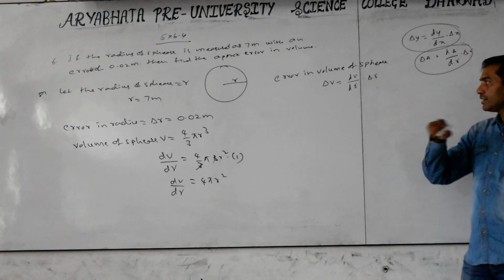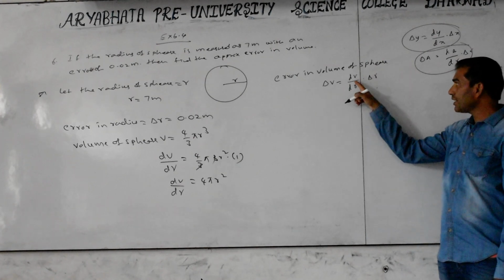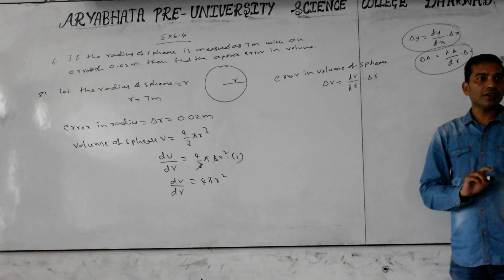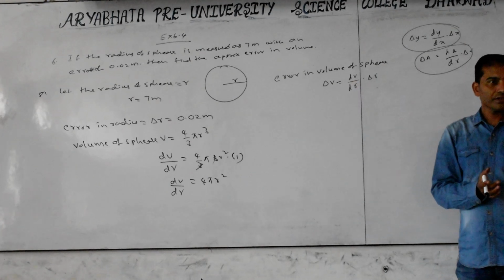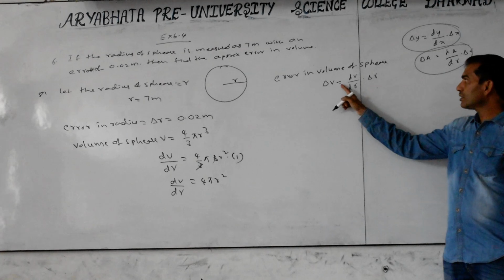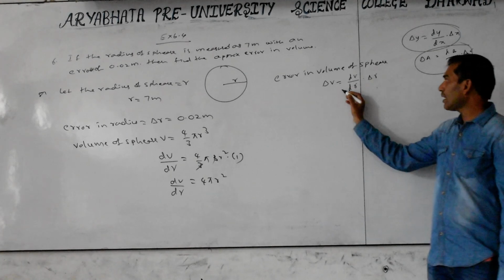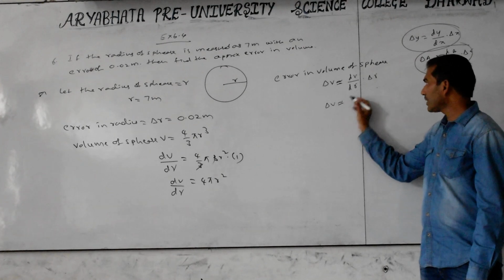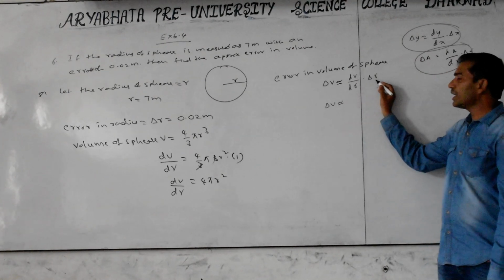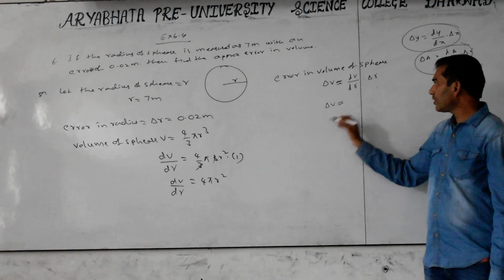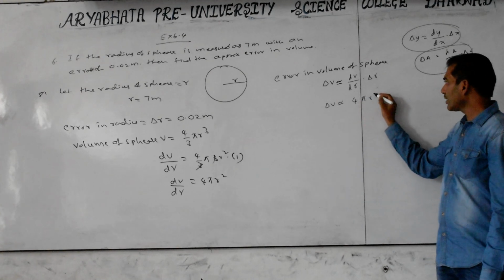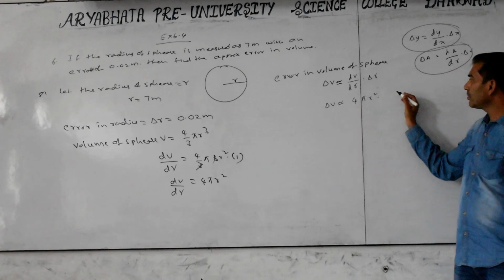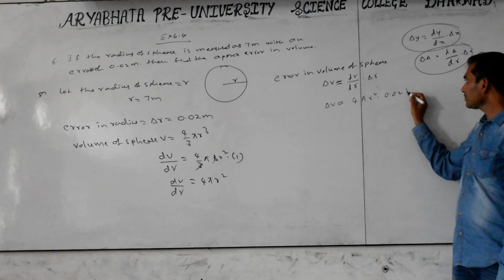Okay, I said in the starting class delta v and dv are not exactly equal, approximately equal. Are you following? So that's why you should multiply by delta r. So approximately delta v is approximately dv by dr into delta r. So dv by dr equal to 4 pi r square into delta r equal to 0.02.